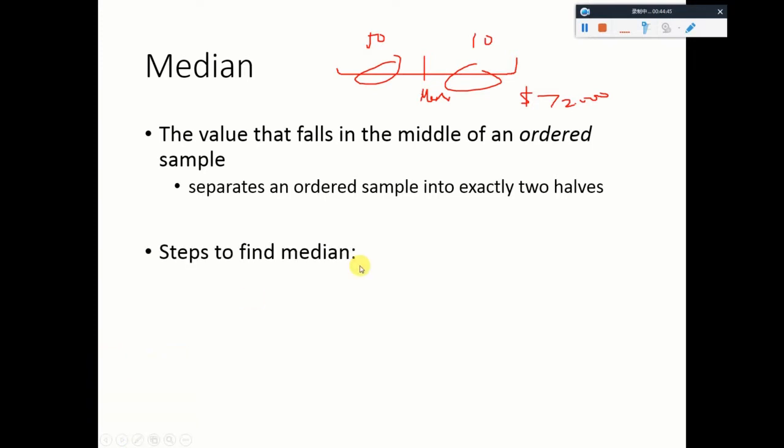So it turns out that there are steps to follow, as we do have for mean and mode, to find the median. Well, first of all, we should sort the values in a certain order. It can be ascending, it can be descending, doesn't matter, as long as it's one of the two. Okay?